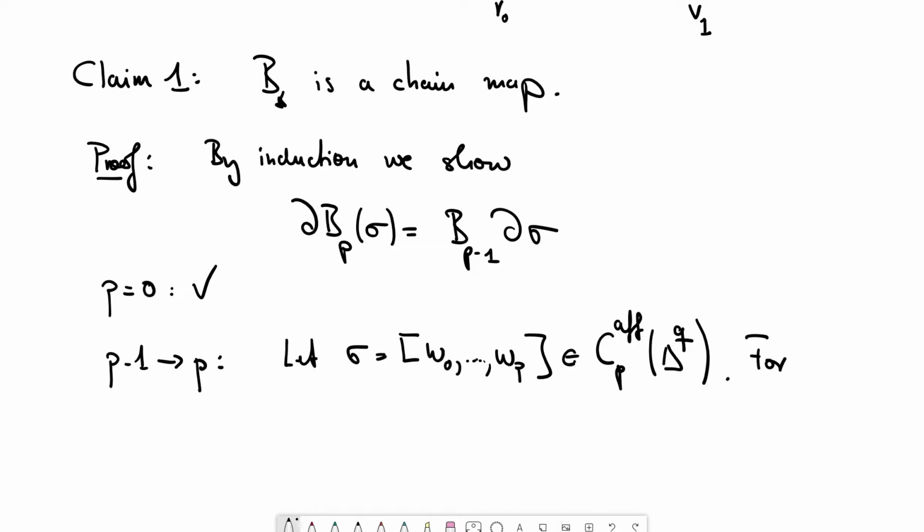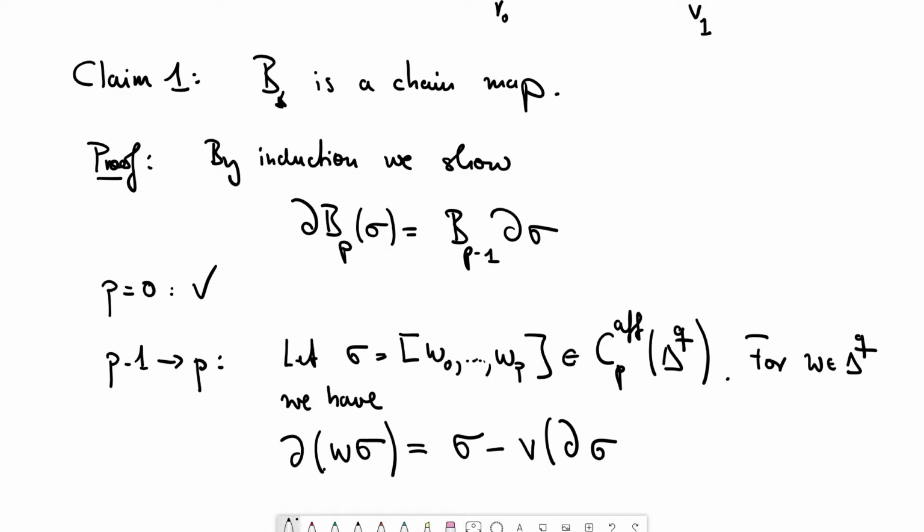And before I really do the induction step, let me ponder about the following relation for a point W in delta Q. I claim that for a point we have the following relation: the boundary of W sigma is sigma minus W applied to the boundary of sigma.